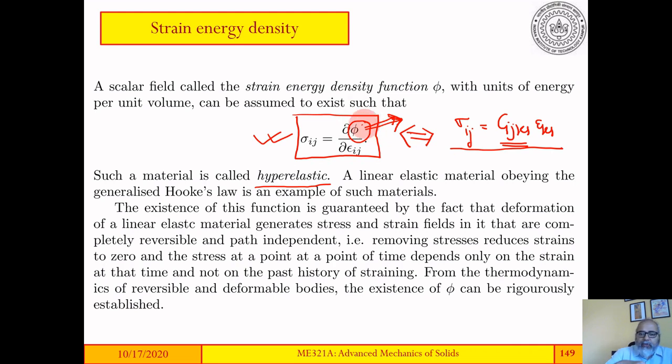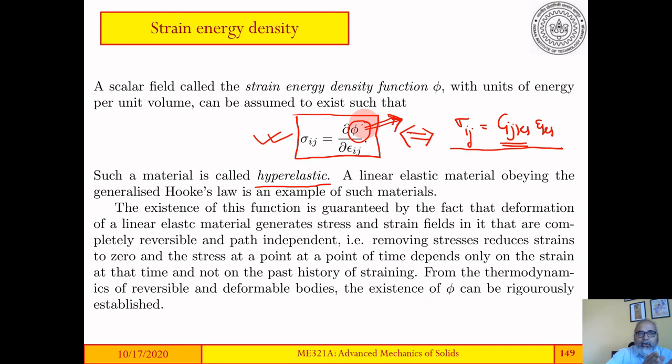And the existence of phi from thermodynamics is guaranteed in cases where the material is completely reversible and the loading and unloading paths are completely on top of each other.